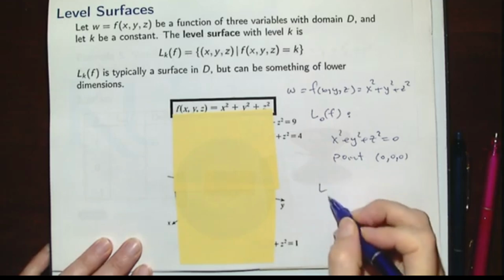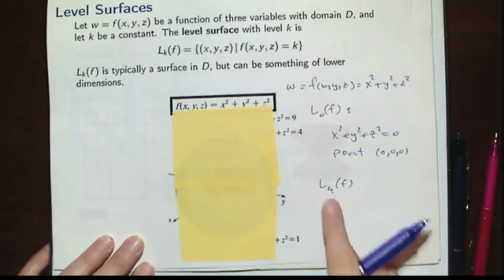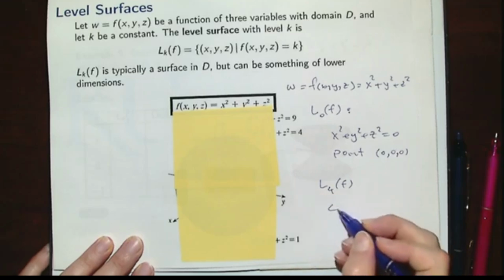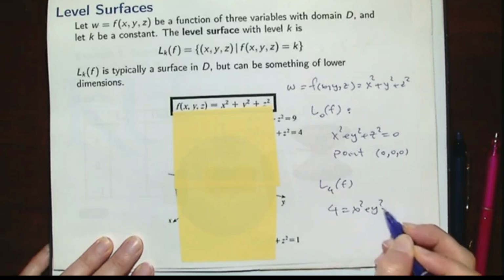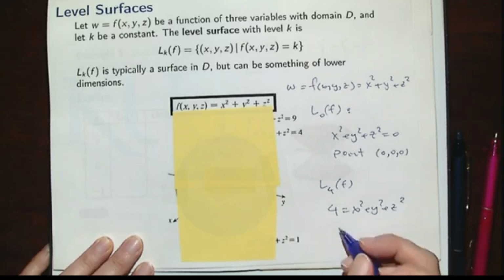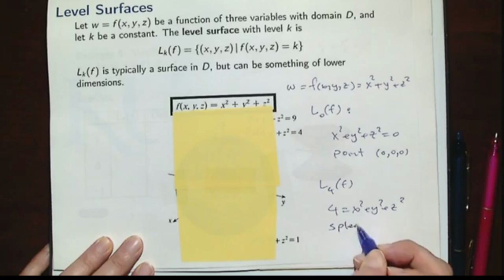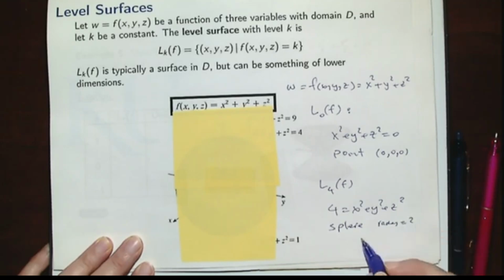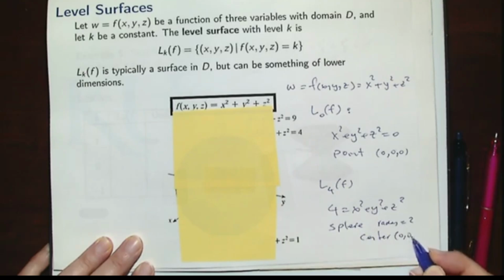L4 of f. What am I setting equal to 4? The output. So what do I get? I get a sphere. What is the radius of the sphere? Radius 2. What is the center? 0, 0, 0.